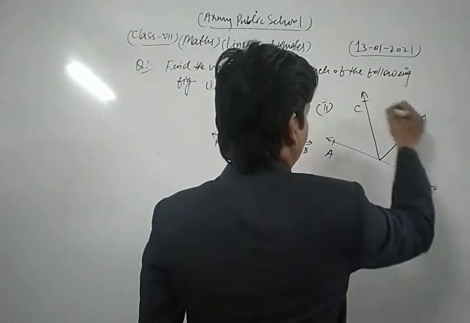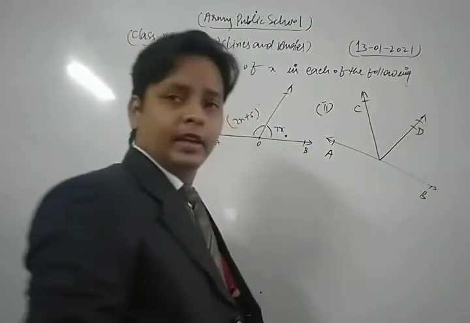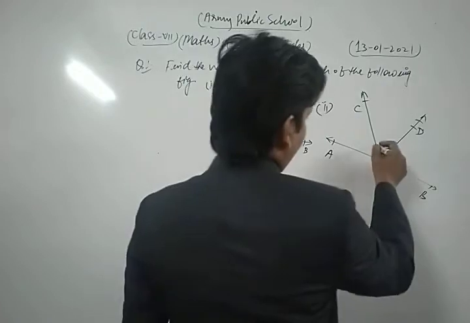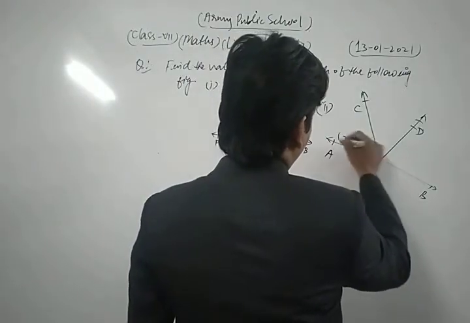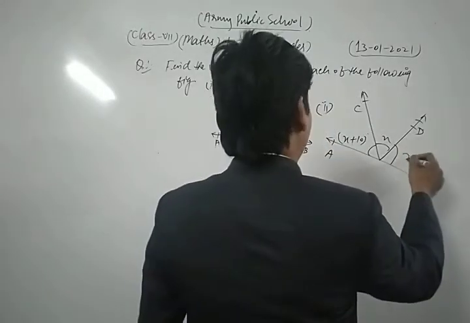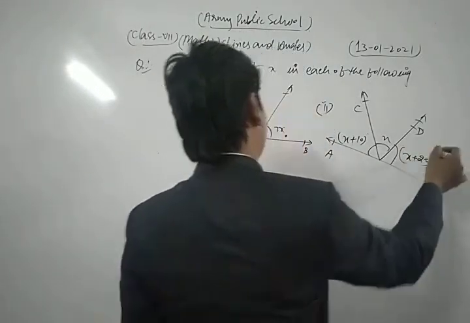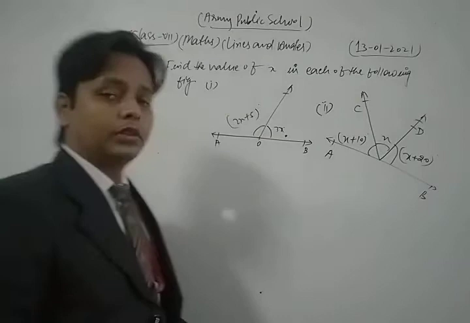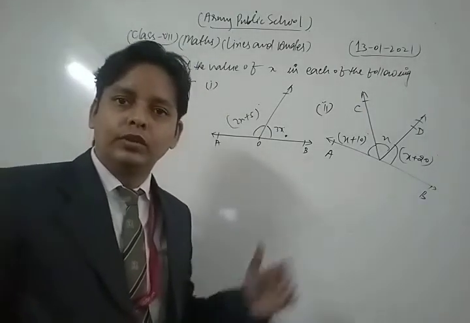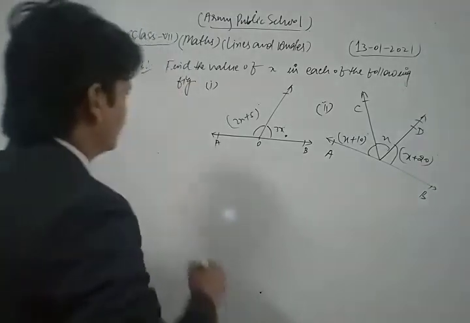This is C and this is D. Here this is x plus 10 degrees, this is x, and this is x plus 20. So dear student, we find the value of x in each of the following figures. Now let's see its solution.